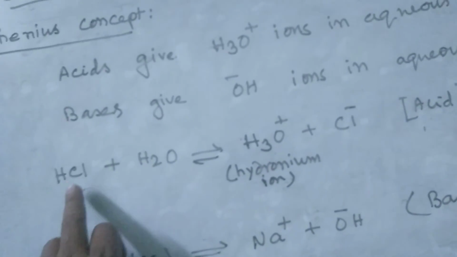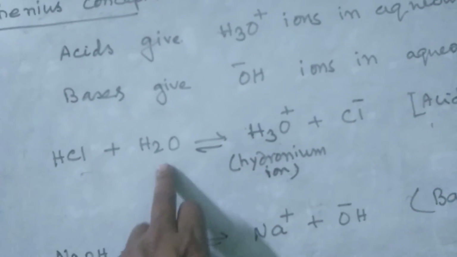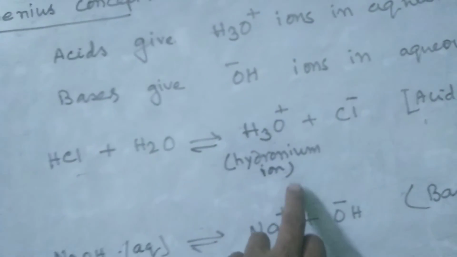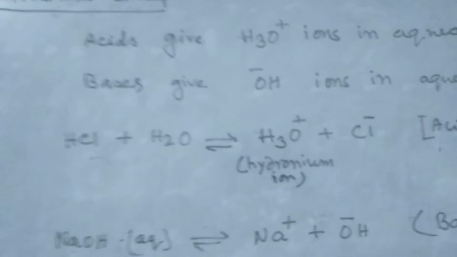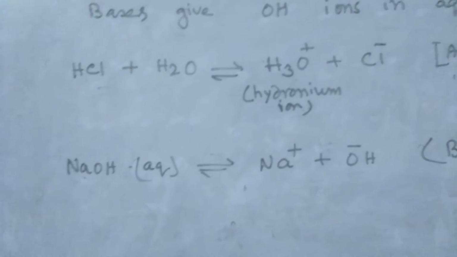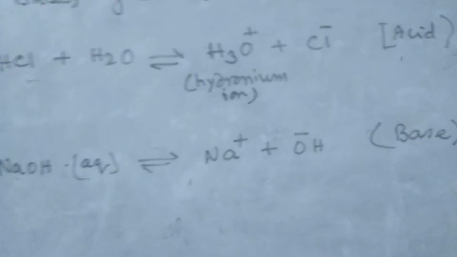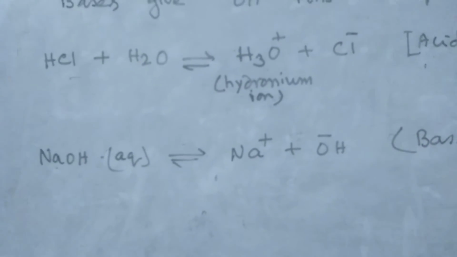So H plus ion is given by HCl and surrounded by H2O, and that is the H3O plus ion, the hydronium ion, given by acids. And a base in aqueous solution, for example sodium hydroxide, gives Na plus ion and OH minus ion.